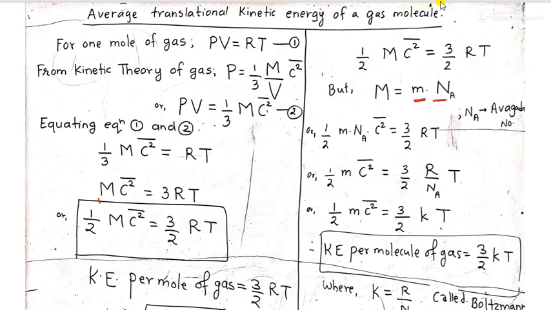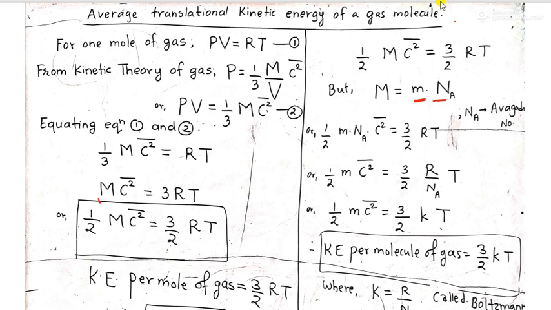Now remove this Na from here and take it to the right hand side. Then on the left hand side we get 1 by 2 m c square bar equal to 3 by 2 R by Na times T. Here R divided by Na is the Boltzmann constant, represented by K. K means Boltzmann constant, R means universal gas constant. If the universal gas constant is divided by Avogadro's number, we get the Boltzmann constant.